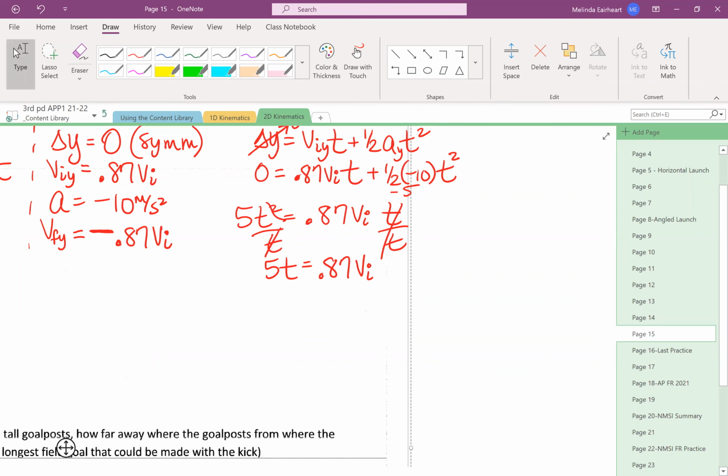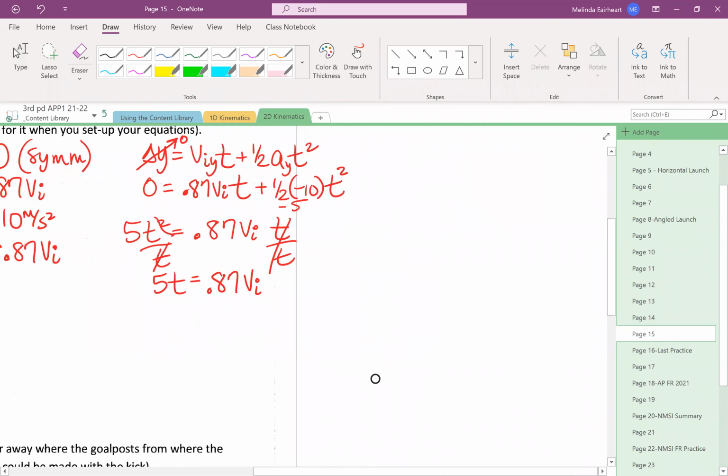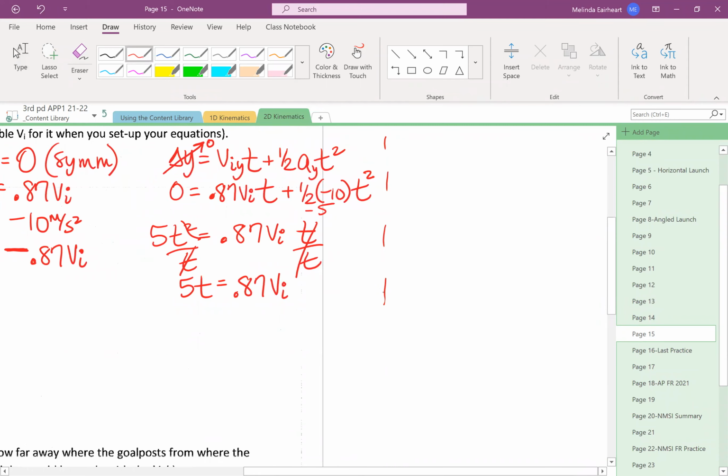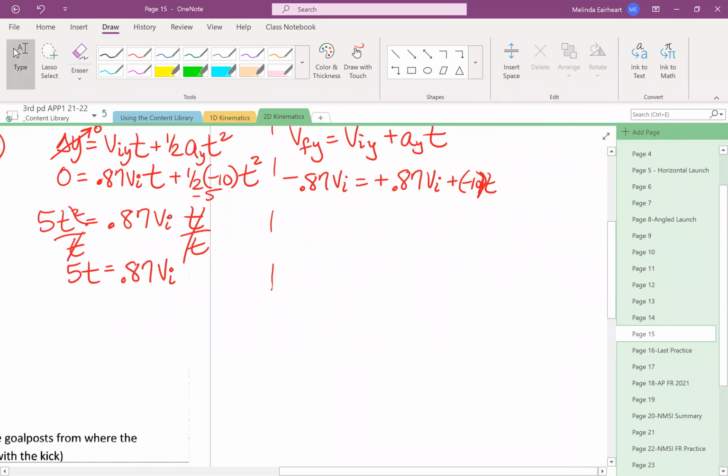Now, I just pointed out the final velocity because maybe you don't see the second equation as an option. Maybe you see the first one. You're like, I want to use the first equation to find time. So when you have symmetry, I get negative 0.87 VI equals a positive 0.87 VI plus -10 times time. Notice what's going to happen when you put those VI's together. Combine like terms.